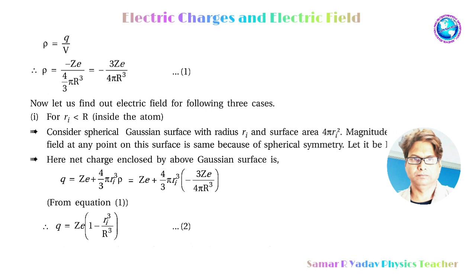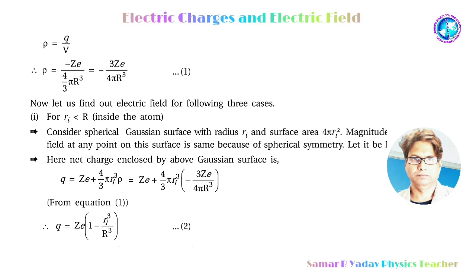First, for Ri less than capital R, inside the atom, consider a spherical Gaussian surface with radius Ri and surface area 4 pi Ri square. Magnitude of the electric field at any point on this surface is the same because of the spherical symmetry. Let it be Ei.